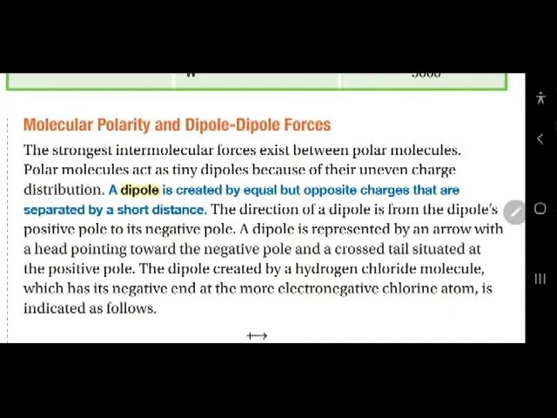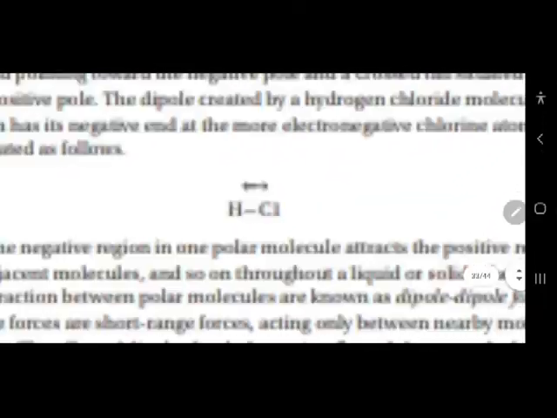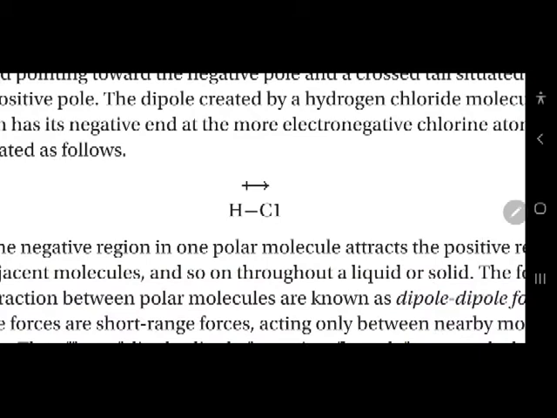When we are talking about, for example, a molecule like HCl, we know that the charge for H is 1 positive and it is 1 negative for chlorine. So the charge is 1 for both of them, but with opposite charges.